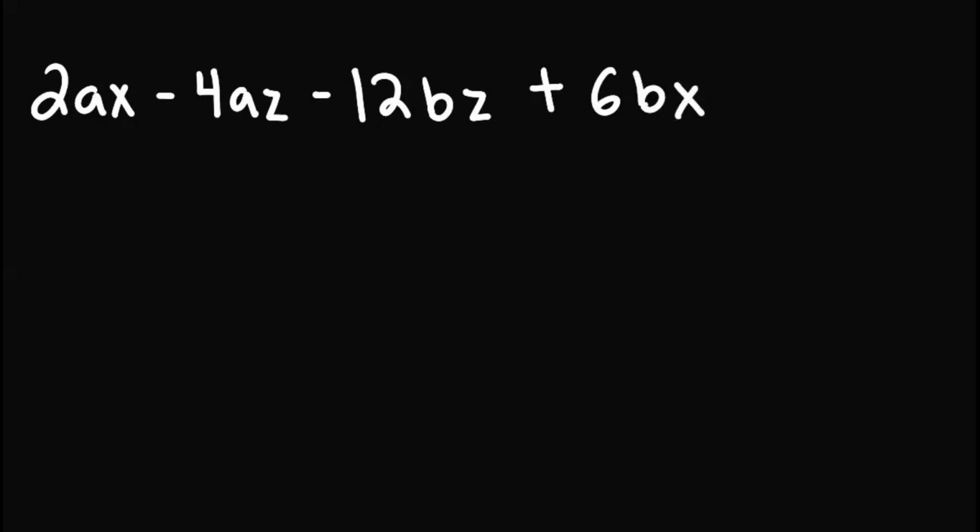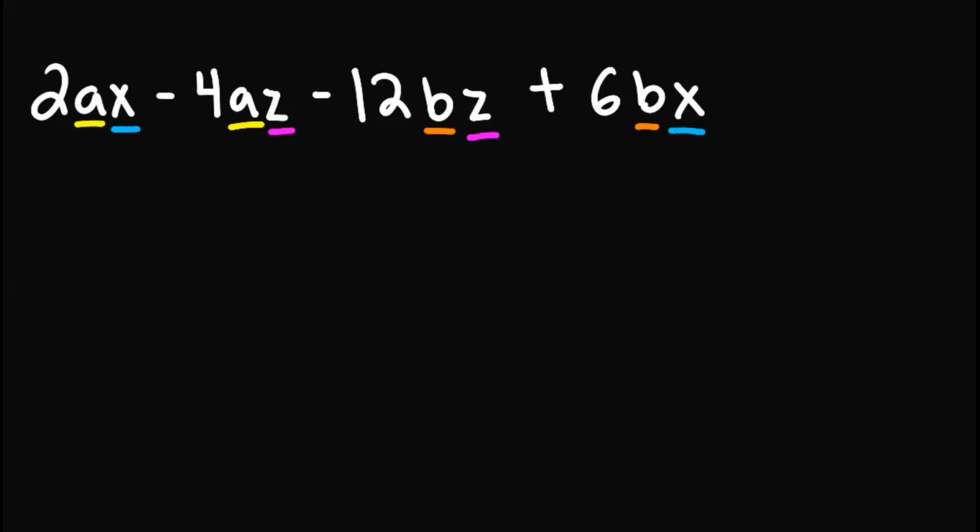Now for this one, it's kind of hard to find which terms we should pair, since we have a in both of these, we also have b in both of these, but we also have x in both and z in both.